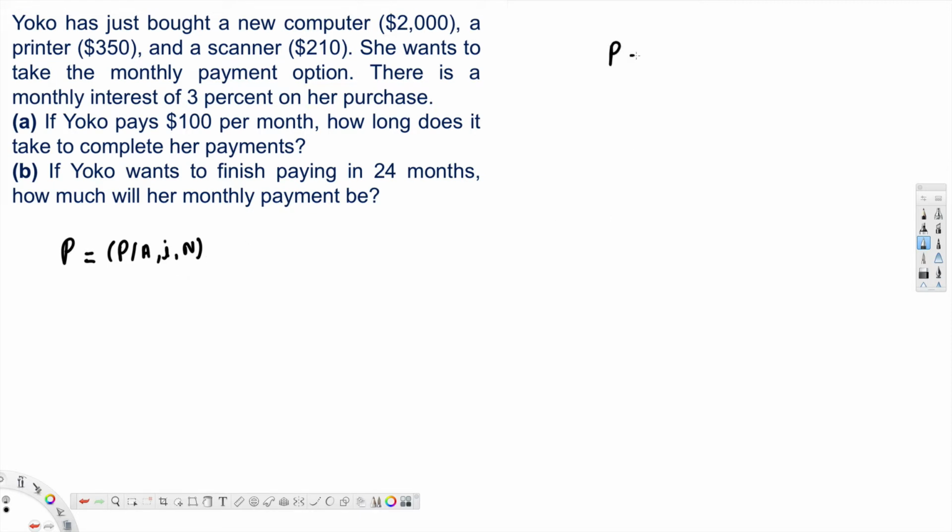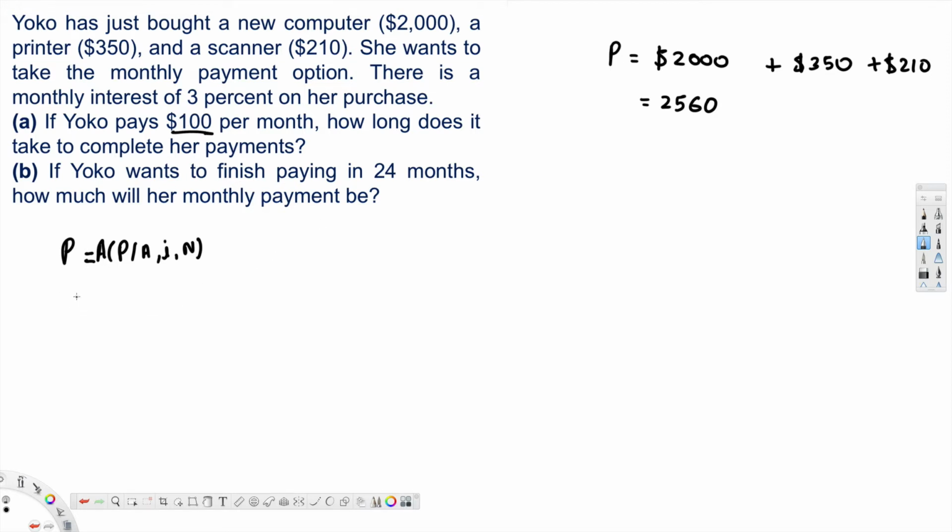The P value is $2,000 plus this $350, and also we have a scanner that is $210, and totally that gives us 2,560. That's our P value. A is this one, $100 per month, that is A.